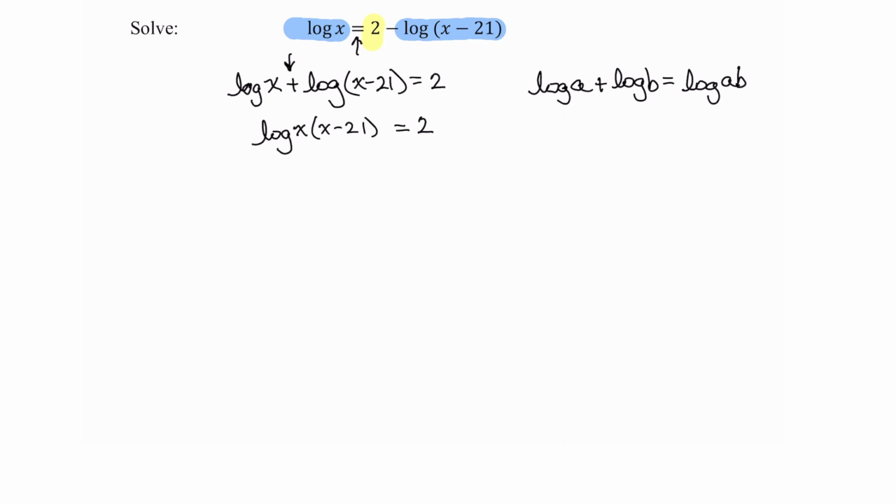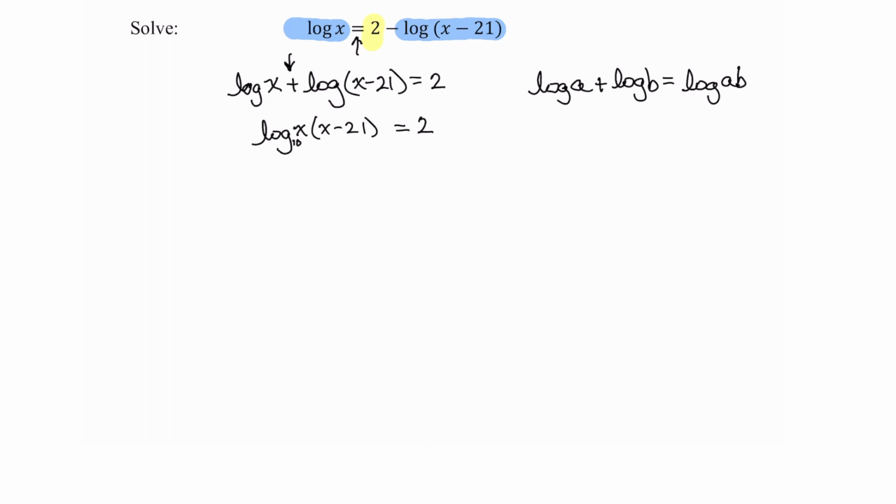And this is equal to 2. Now that we've got that, we also see that it's spelled log, but there's no base showing. And remember, when it's log with no base, that's a common log, so that means this is base 10. And sometimes it's just helpful to write it in there.